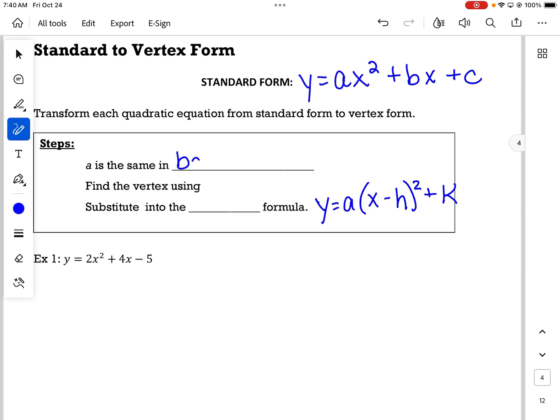So the steps are: a is the same in both. Whatever a is, you keep it a. Find the vertex using x equals negative b over 2a. You'll find the x value by doing negative b over 2a, and then y is found by plugging in that x.